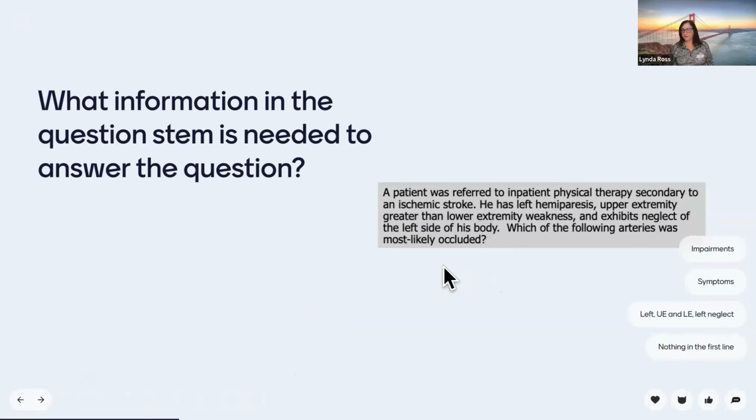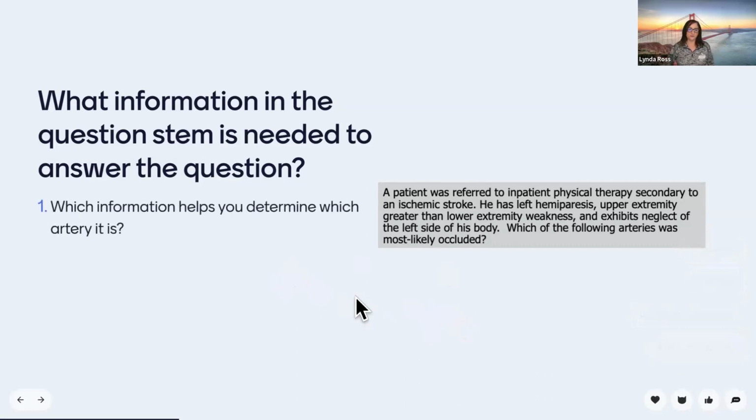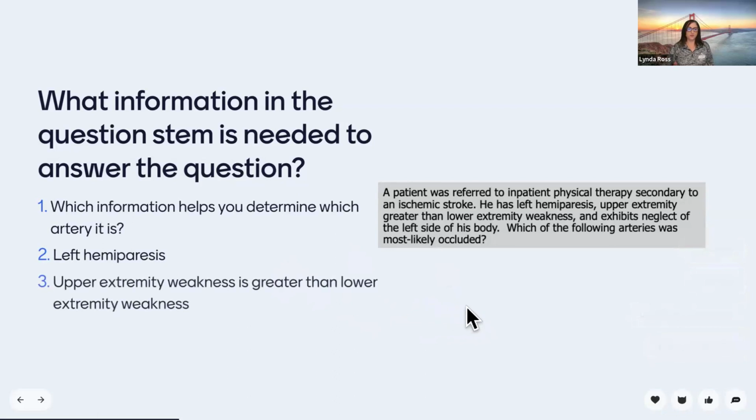Nothing in the first line, not for this question. That's good. All right, excellent. So which information helps you determine which artery it is? So, left hemiparesis, upper extremity weakness is greater than lower extremity weakness, and then neglect on the left side of the body.